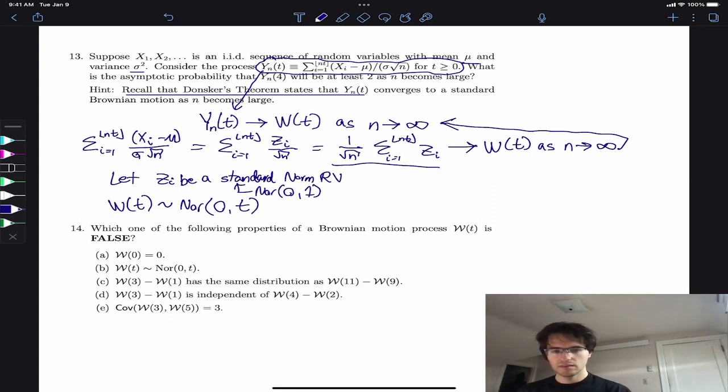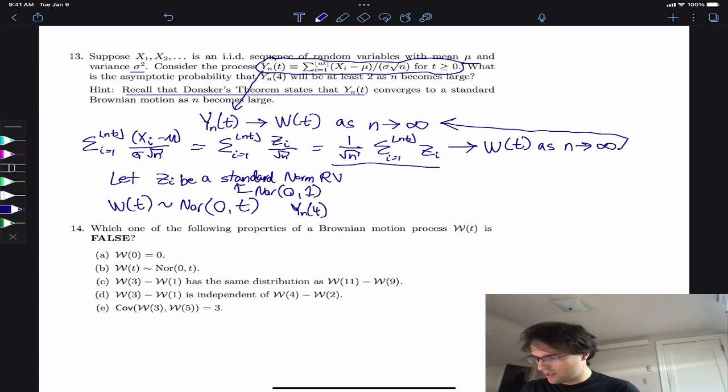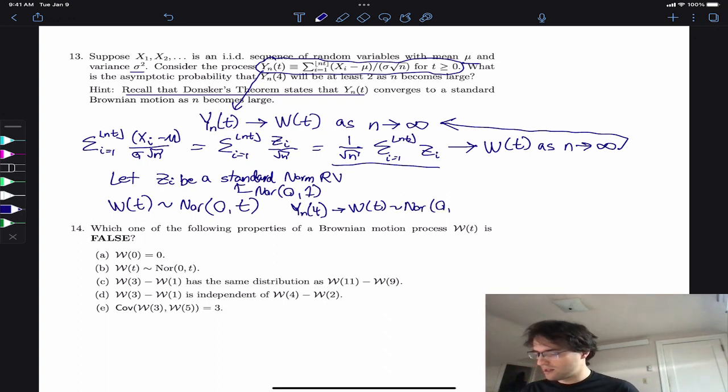So in this case, we have Yn of 4, which is the same thing as W of 4, which is the same thing as a normal random variable with mean 0 and variance 4.